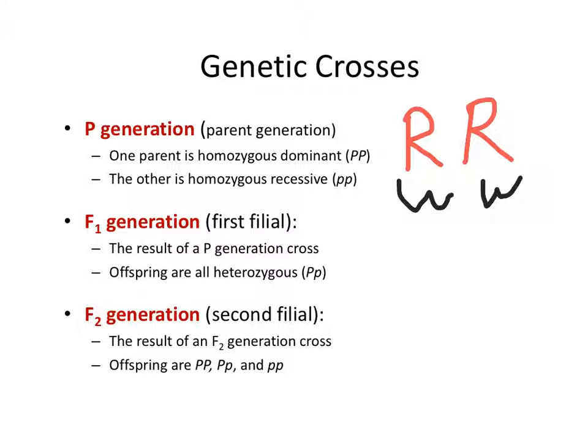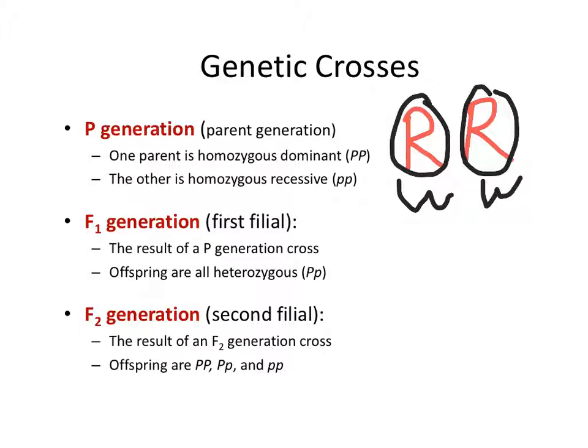Now, if we were to cross this, remember, let's say the father is red, and we know he breeds true. He always produces a red offspring. And the mother always produces a white offspring. So the father donor is always going to donate a red to the offspring, because that's all he has. He donates this red, or this red, it doesn't matter.